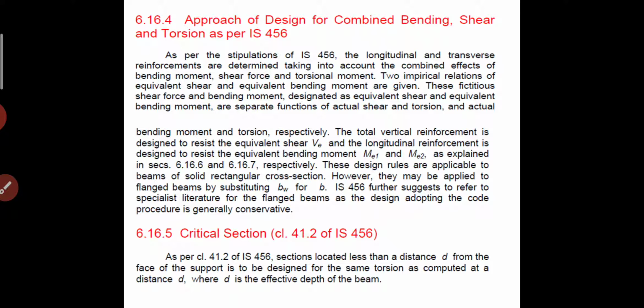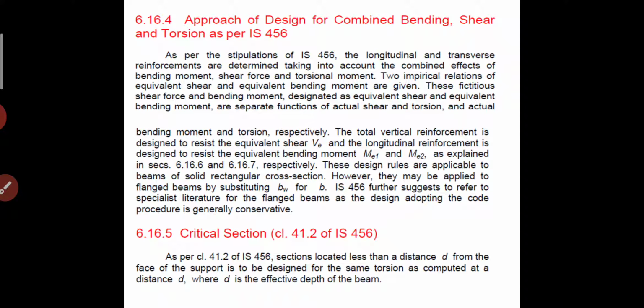Two empirical relations of equivalent shear and equivalent bending moment are given. These fictitious shear force and bending moment, designated as equivalent shear and equivalent bending moment, are separate functions of actual shear and torsion, and actual bending moment and torsion, respectively.